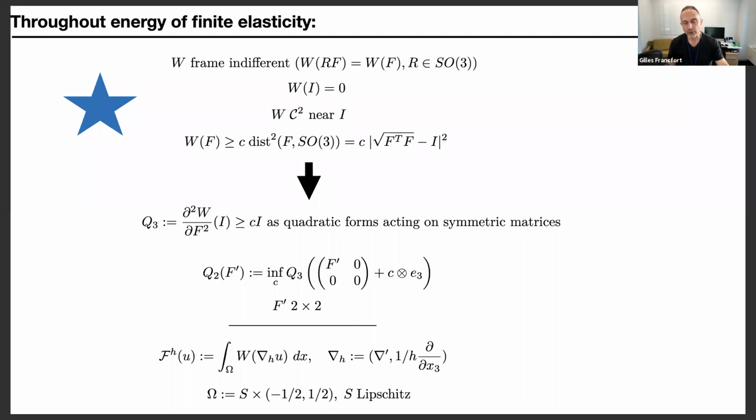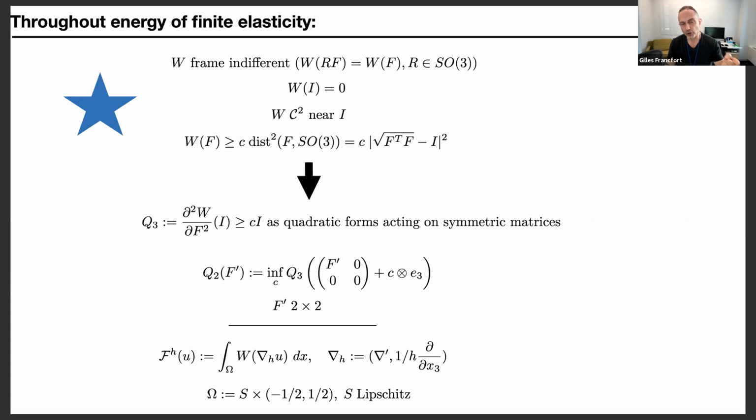Now, this is a bit different from what Irene did. I'm going to call Q2 the following, for a 2 by 2 matrix. So Q3 acts on 3 by 3 matrices, right? So I'm going to take 2 by 2 matrices, F prime, and I'm going to complete them to be a 3 by 3 matrix by adding zeros.